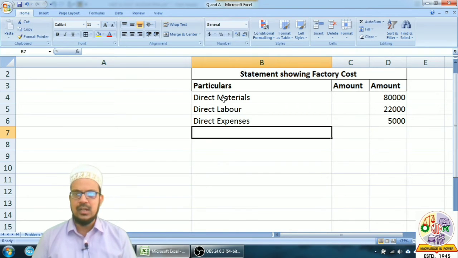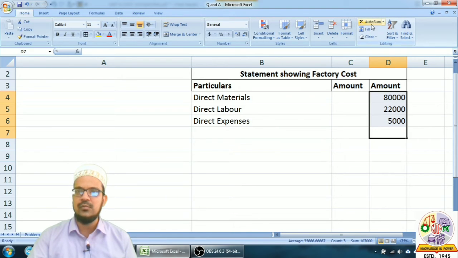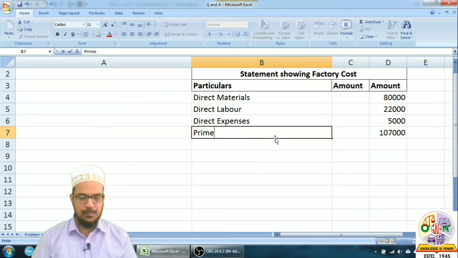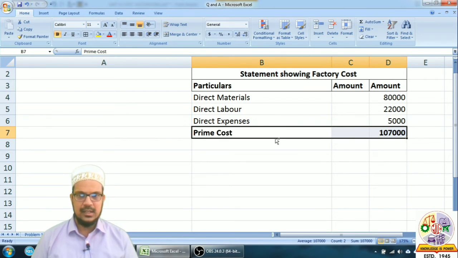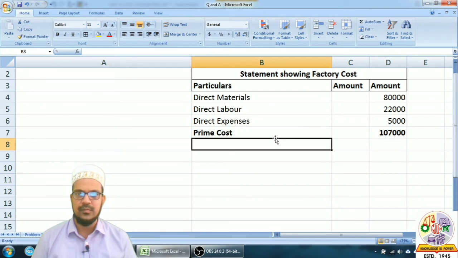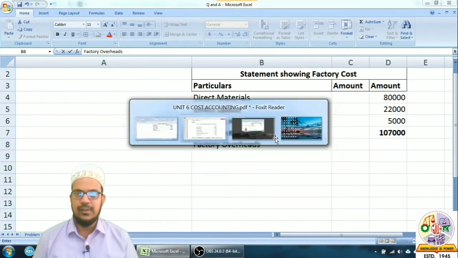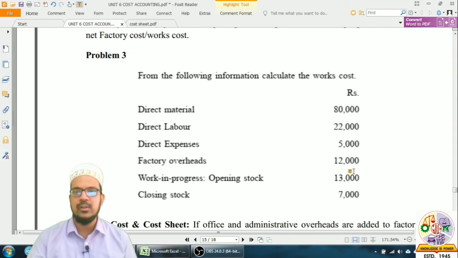Now what we will do? We will take the total of all these 3 amounts, and that total will be called the prime cost. So prime cost comes to 1,07,000. To this prime cost we will add factory overheads. How much are given? 12,000 rupees factory overheads are given in the sum.